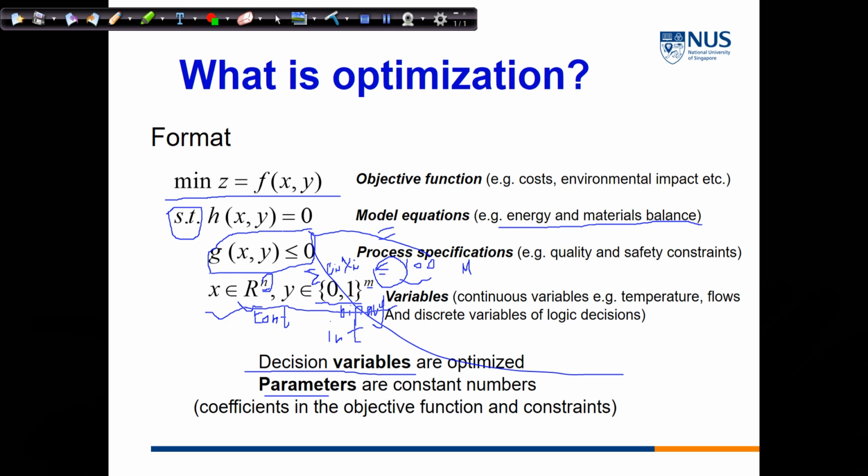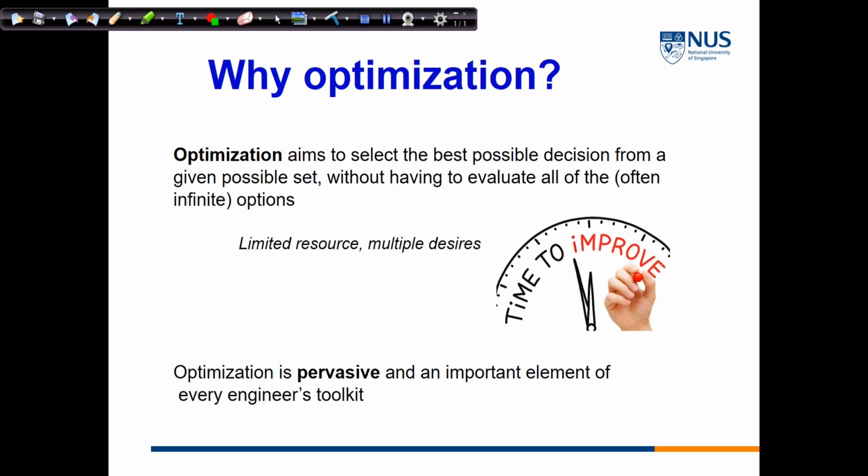Okay, so after we see the mathematical formulations, we further emphasize why we need optimization. As you see, it aims to select the best possible decision from a given possible set without having to evaluate all of the options.